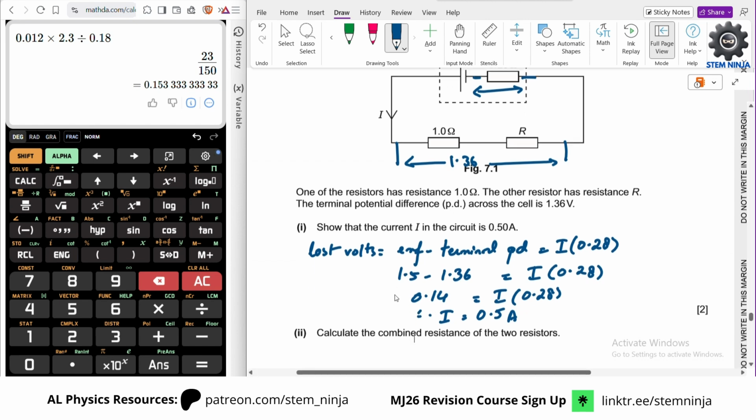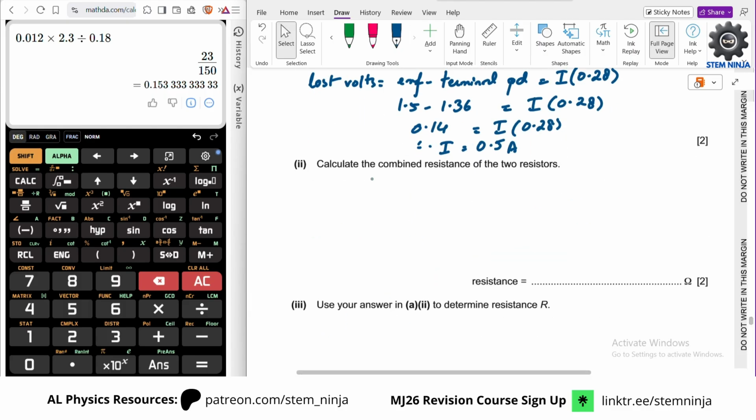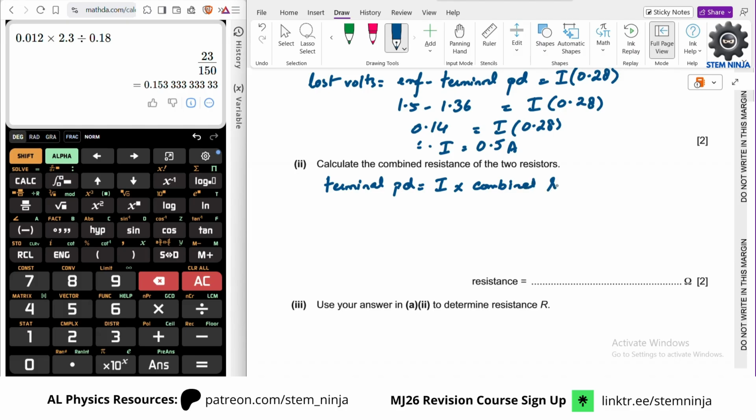Calculate the combined resistance of the two resistors. Okay, so we know the potential difference across the two resistors, and we also know the current flowing through them. So we have terminal PD equals I times combined resistance. Let's call it RC for the moment.